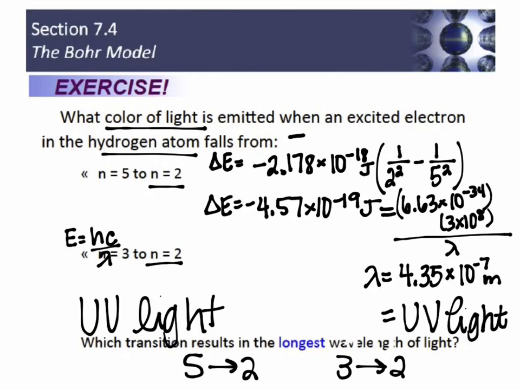If you're falling from the 5th floor to the 2nd floor, or from the 3rd floor to the 2nd floor, which one's going to have more energy? The first one. So if you have high energy here, what can we say about your wavelength? If it's an inverse relationship, then your wavelength is going to be shortest. So your longest wavelength is going to come from 3 to 2.